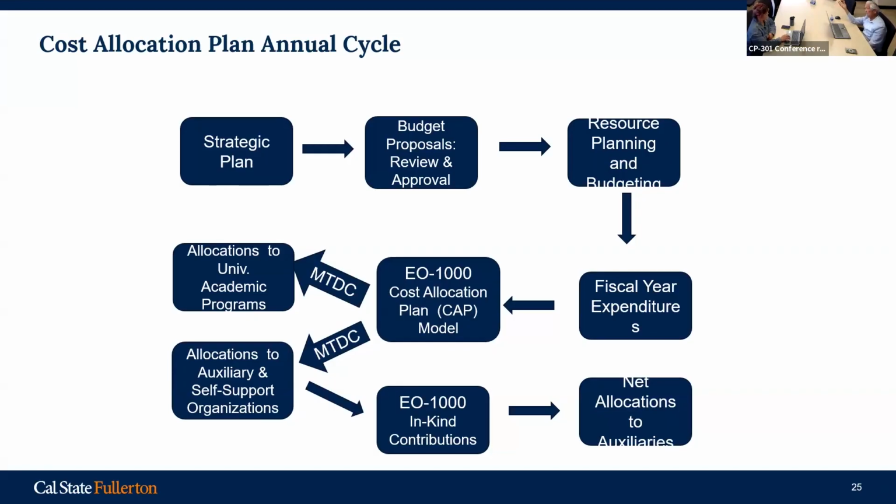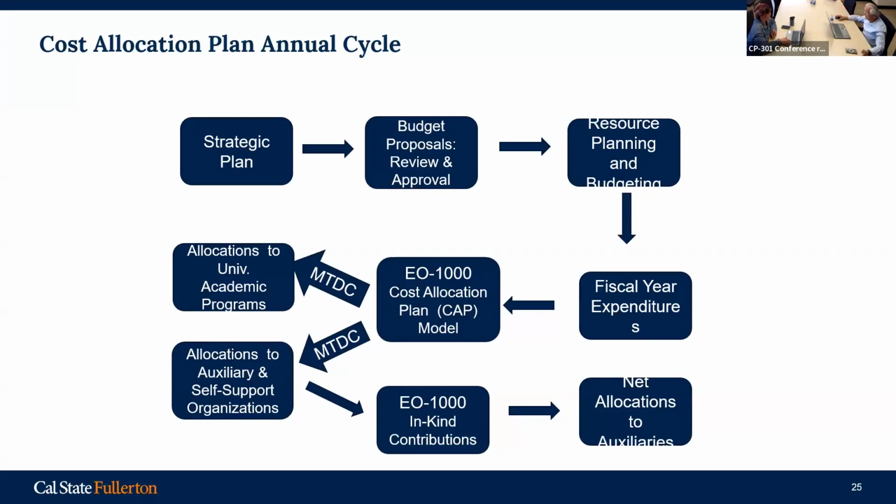So there's an associate VP, and then the VP for admin, the VP for human resources, the VP for academic affairs, and so on and so forth. And the whole thing gets integrated into the university budget.